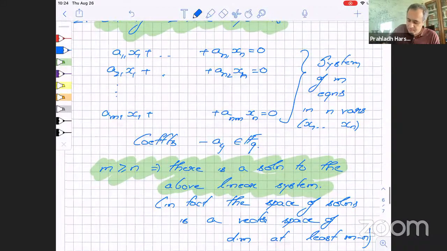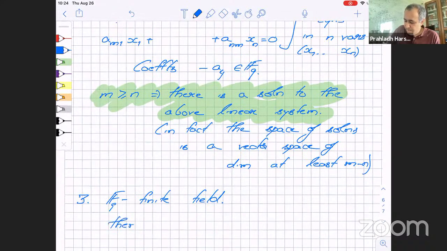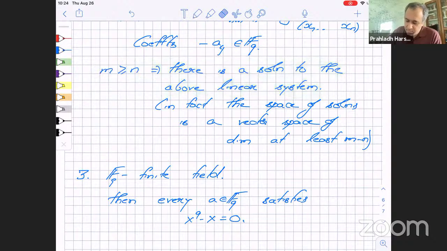The third thing I want to say is Fq is a finite field. Then every a in Fq satisfies x power q minus x equals 0. Sorry, Sushant, you're right.